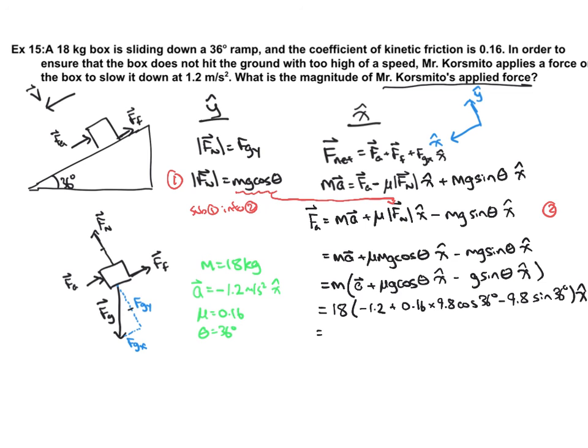Okay, so I'm getting an answer of negative 102 newtons. So a negative answer is good because this is slowing down. So it's opposing the direction of the velocity.